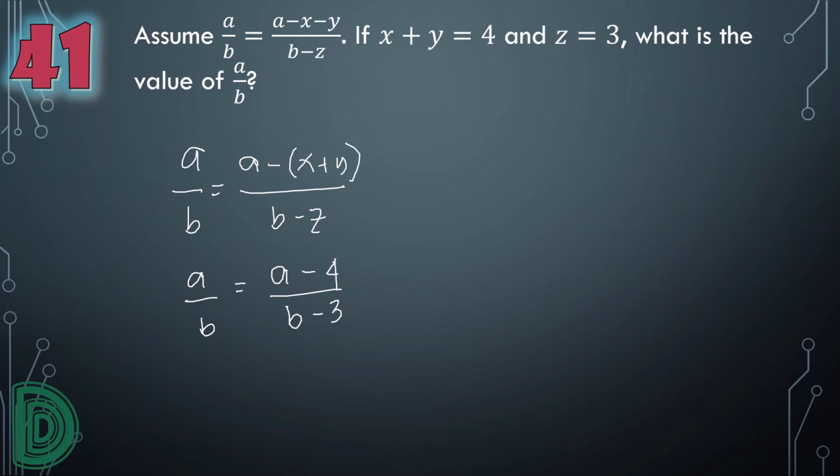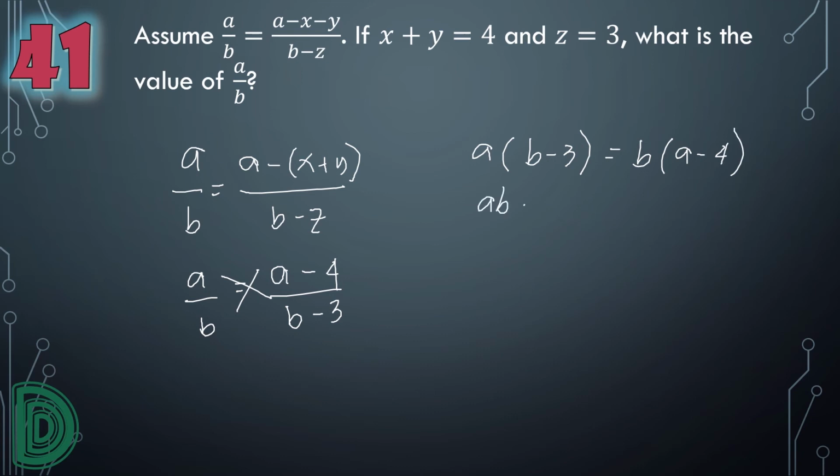Let us multiply both sides of the equation by the LCD, b times b minus 3, or we can just say, let us do cross multiplication. So we will have a times (b minus 3) equals b times (a minus 4).